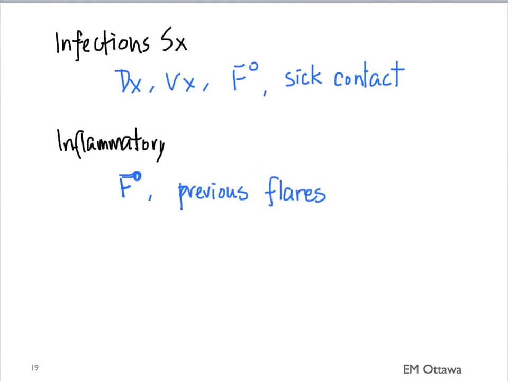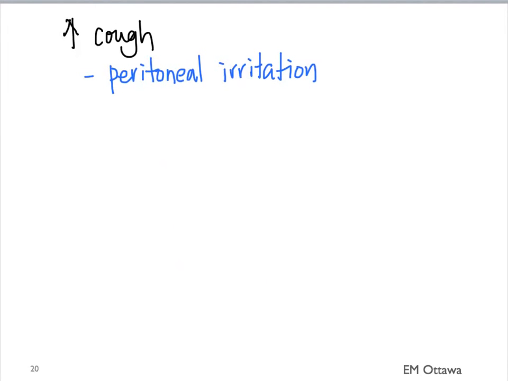For obstruction in the GI tract, we will see vomiting and decreased or no flatus. Pain that is worse with movement or cough suggests peritoneal irritation. Other associated symptoms such as urological symptoms, including hematuria, dysuria, suggest a urological cause, while vaginal bleeding or discharge suggests a gynecological cause.